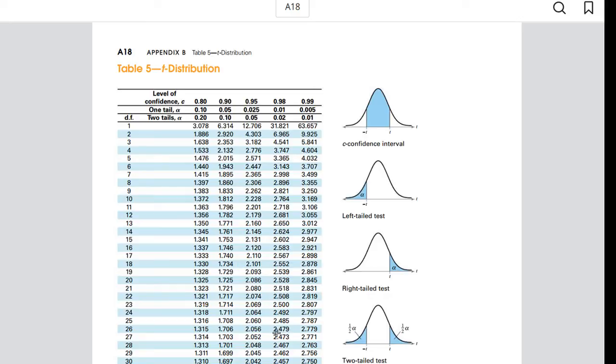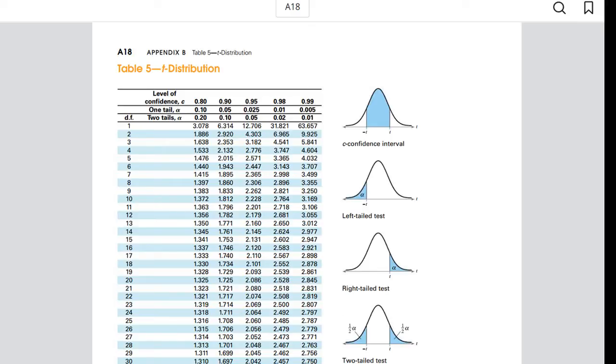So we come right down here, and there we have 1.725 will be our critical value. Now, if it's a left tail, it's going to be negative 1.725. And if it's a right tail, it's going to be positive 1.725.